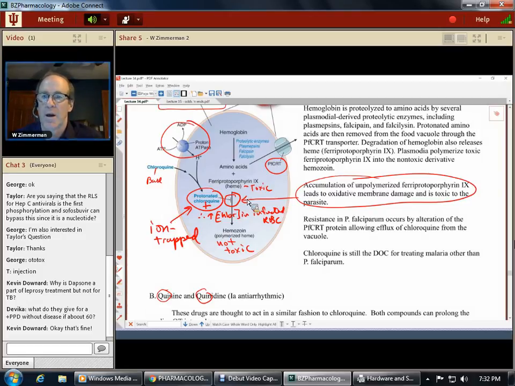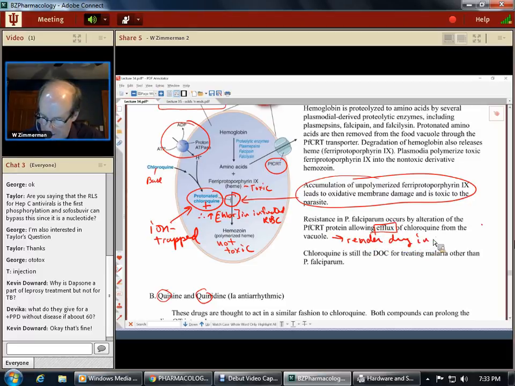So unfortunately what happens, the next line down there, resistance to the falciparum occurs by alteration of that protein. And once that protein, that transporter gets altered, it allows efflux of the chloroquine from the vacuole. And when that happens, that's going to render the drug ineffective.